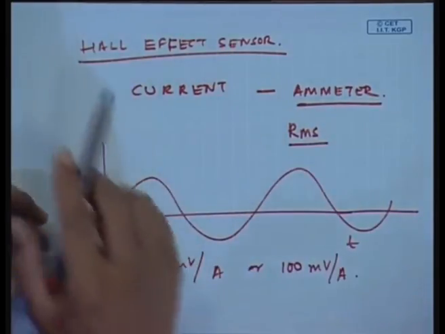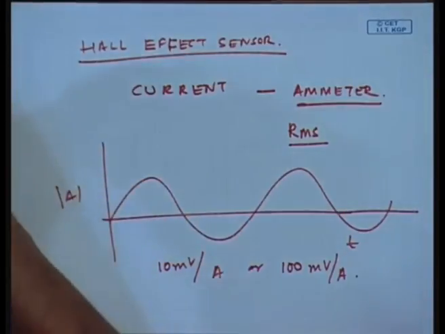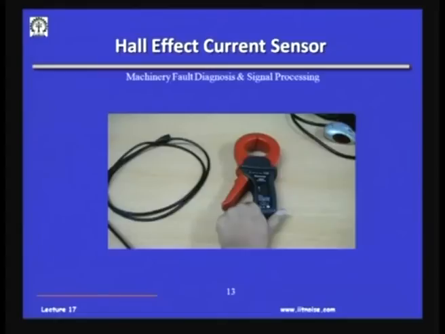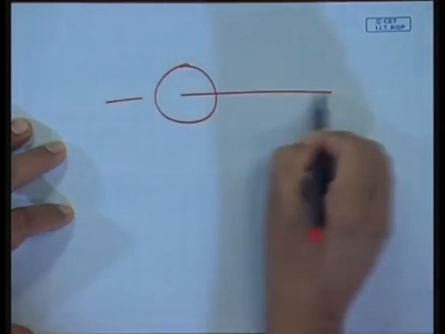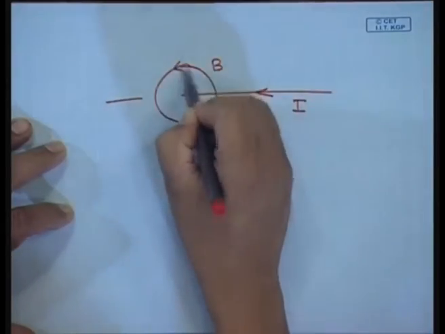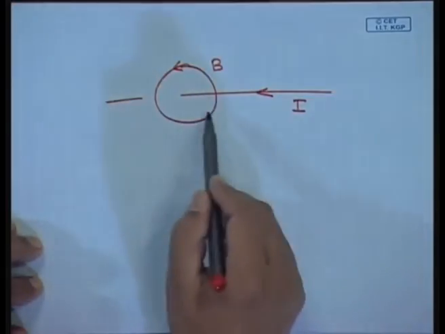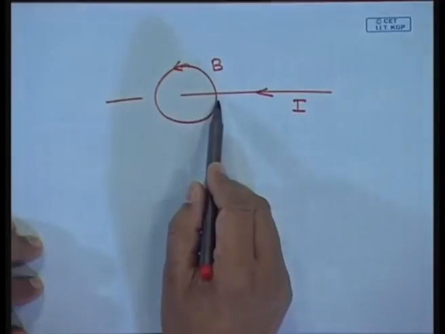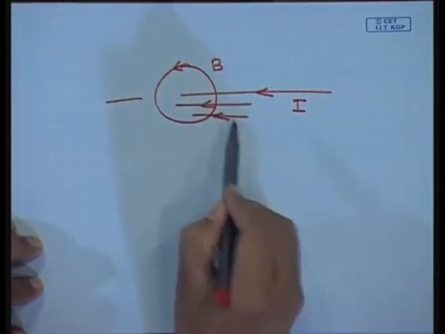Okay. I can increase the sensitivity of this by, instead of one cable, suppose this is a ring and I produce a current carrying, and there is a certain magnetic field which is going around. To increase the sensitivity or output of this system, I could be putting in a few more current carrying conductors.